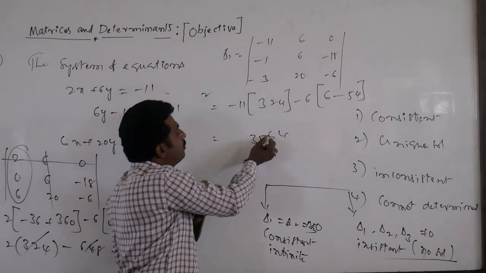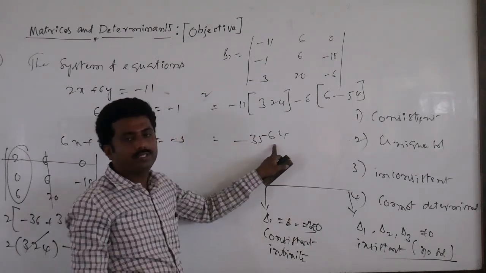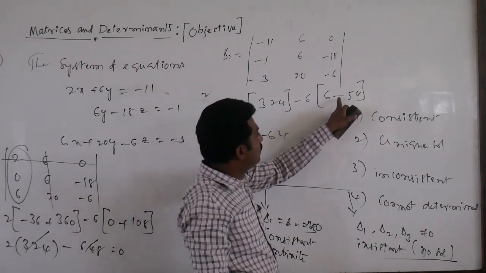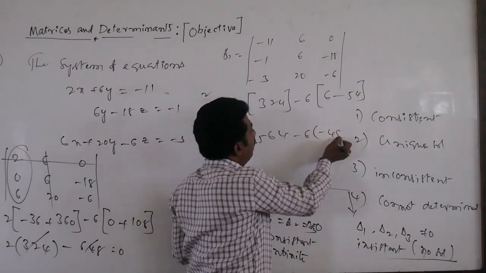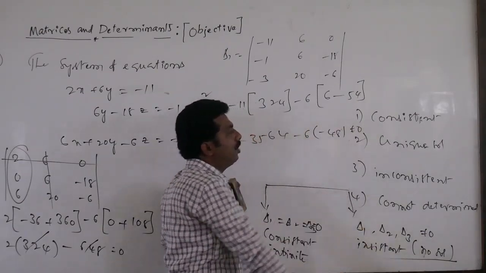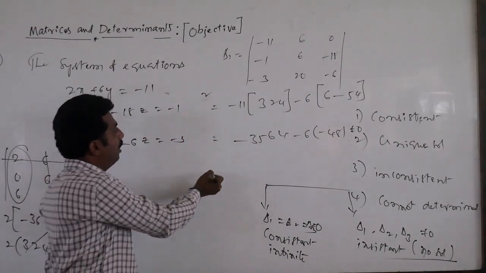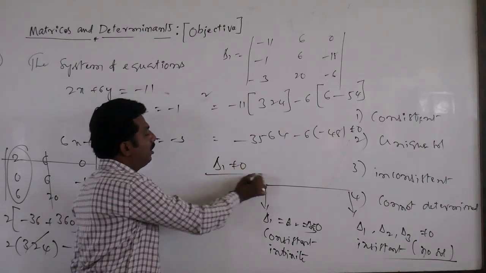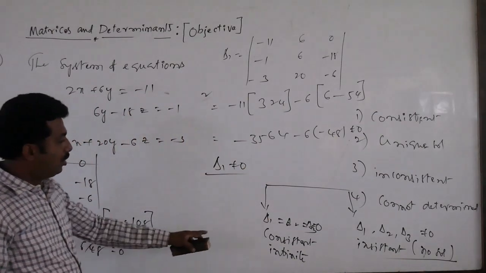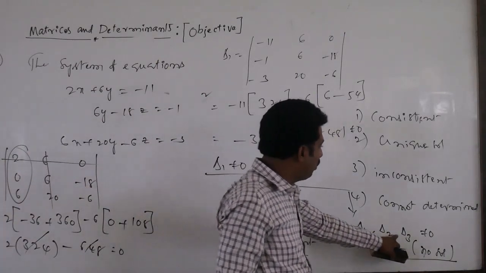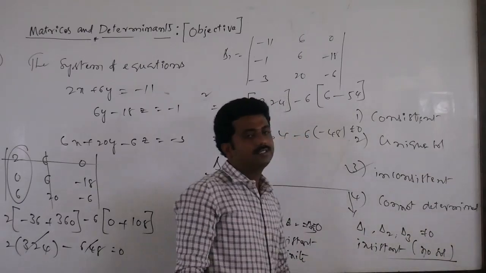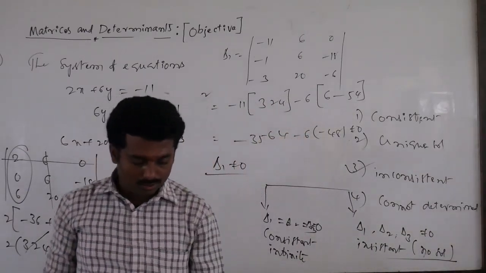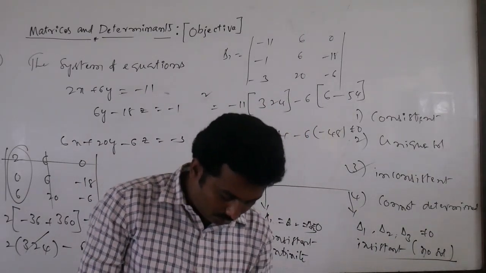So this is minus 3564, minus 6 into minus 48. Clearly this is not equal to 0. Delta 1 is not equal to 0, so at least one of them is not equal to 0. What is the system? This system is inconsistent. It has no solution. Like that we have to answer.